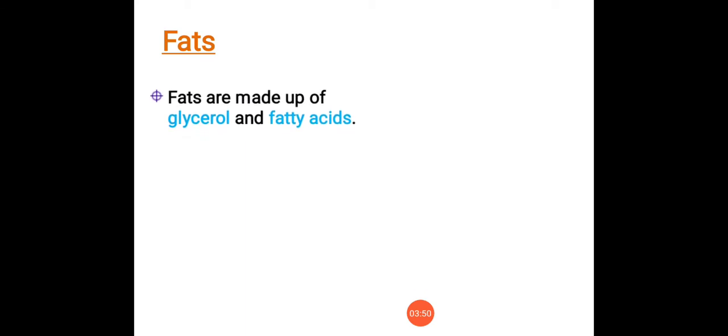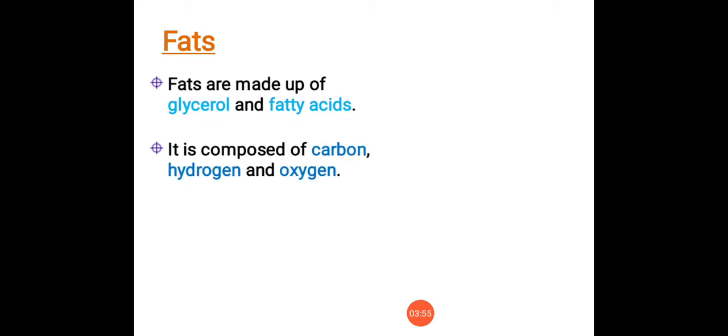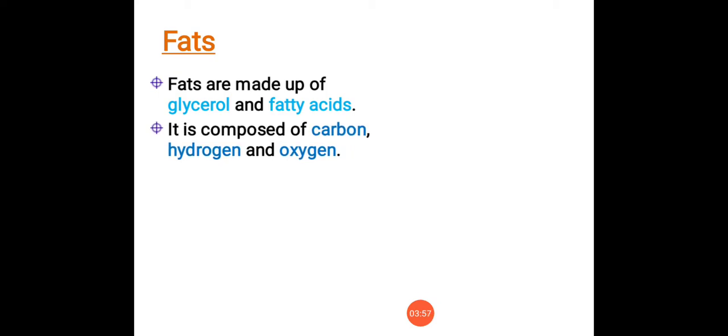The second nutrient, fats. Fats are made up of glycerol and fatty acids. They are composed of carbon, hydrogen and oxygen. One of the functions of fat is to provide energy when needed, for example, when carbohydrates are not available.